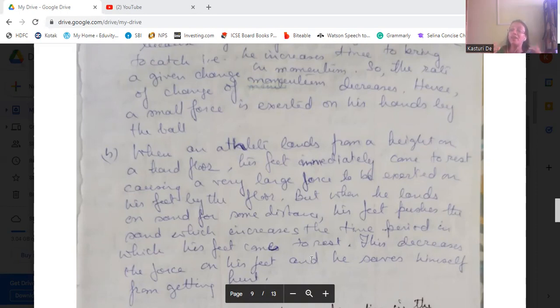So he will experience less pressure, less force. That's why his feet will not get hurt. To avoid that, he needs to land on sand and not on the hard floor.